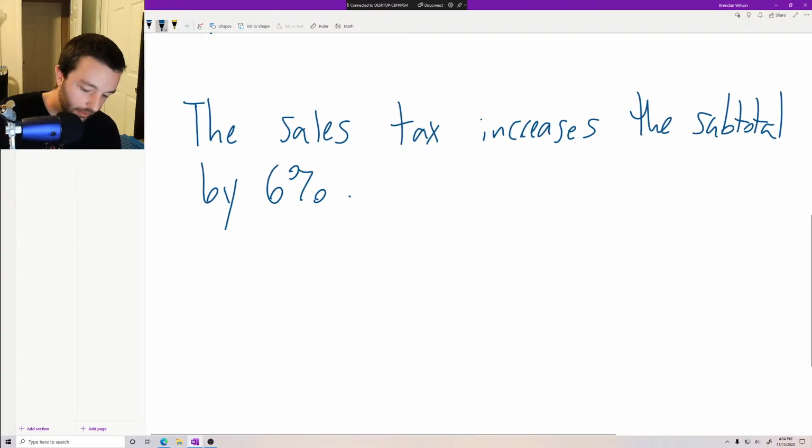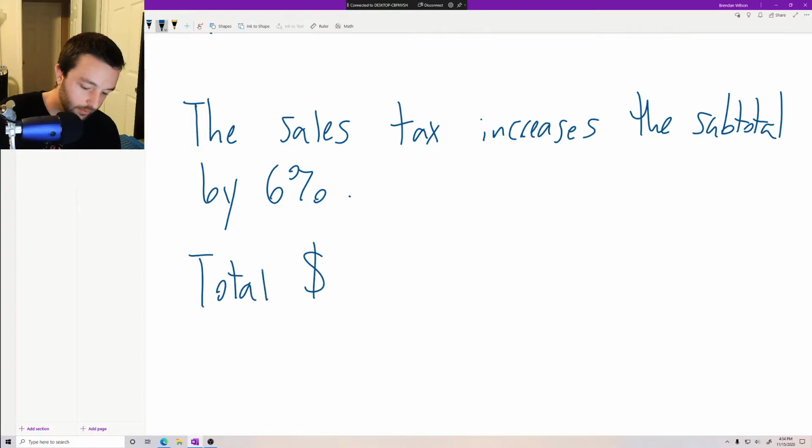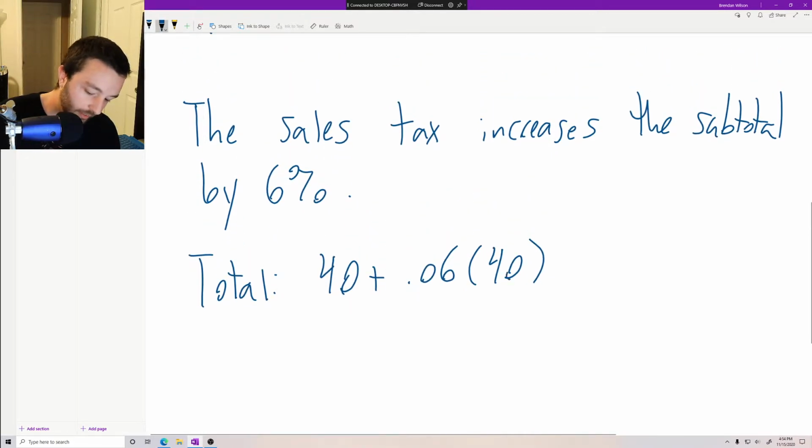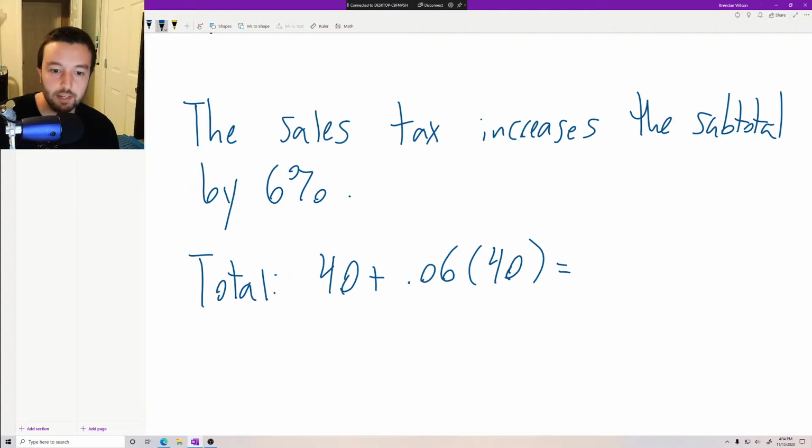Okay. Our total here, let's forget the dollar signs for a sec, was 40 plus 2.40, and the 2.40 is 0.06 times 40. Okay. There's a little bit of a trick called factoring, which we talk about in a later section, so we haven't gotten there yet.